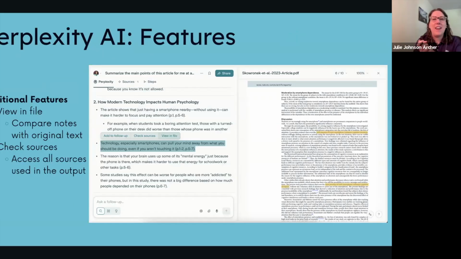So I like to think about how can we give that to a new psychology student who's trying to explore this complex scientific research in an easier to read format. The check the sources option is also there. It allows you to see any sources used in the output. In this case, the article I uploaded was the only source, so we can control that as well with this particular tool.